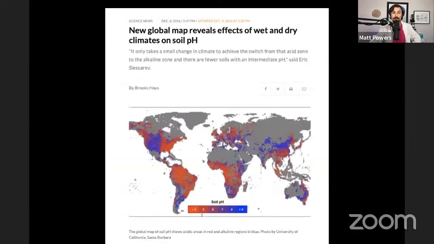And it's not subtle. Okay, there's a flip. There's not much in between in these areas where the soil pH is where people are farming. So where it's moist and acidic, it's definitely so.